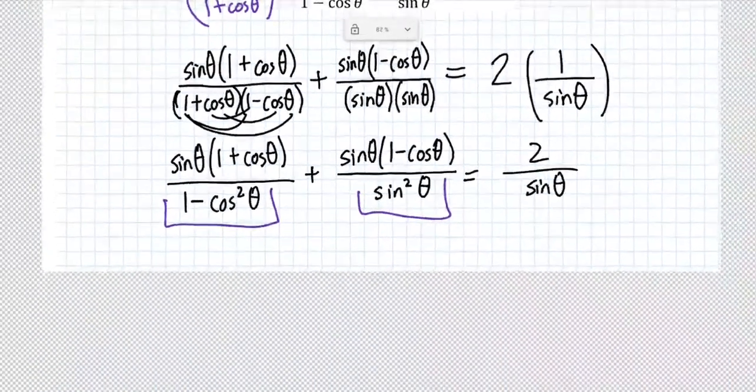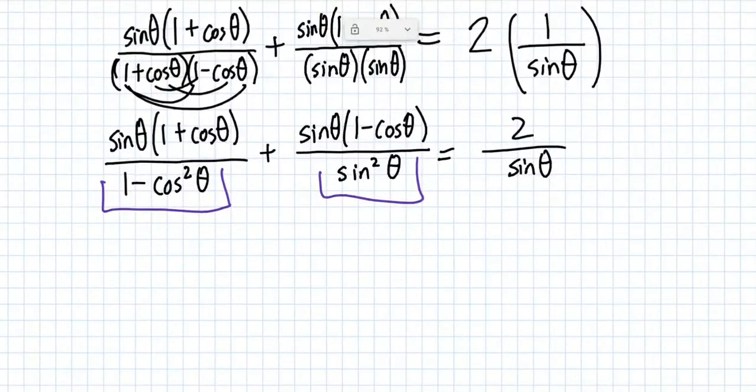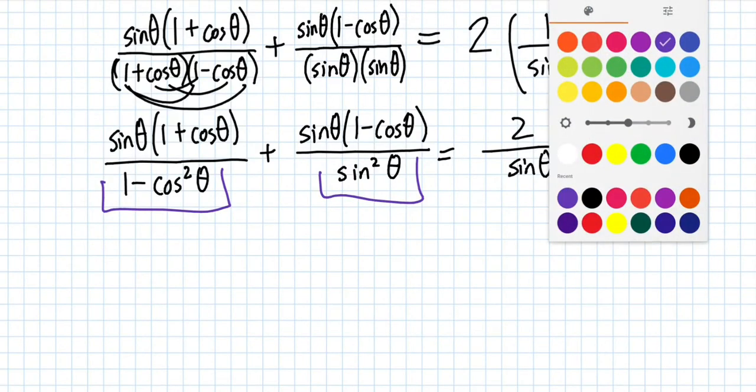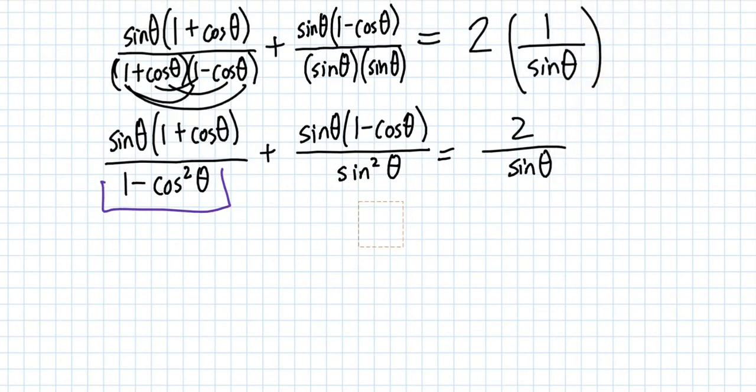So let's go ahead and collect like terms since we have the same denominator. Now I'm going to choose to use the sine squared theta as the denominator. Okay, so this doesn't change up top.